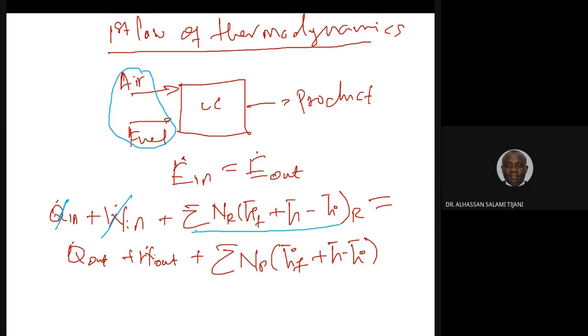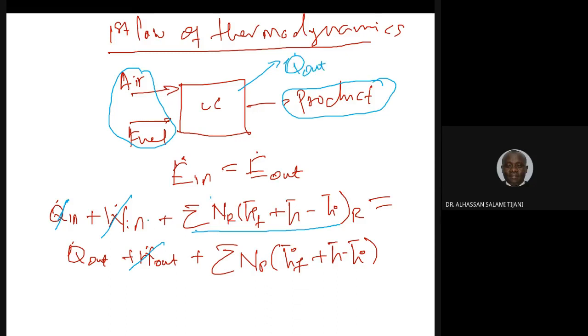However, if you look on the product side, there is no W out. In other words, there's no work output. So in any combustion chamber, when you burn fuel, there is no mechanical work. But we do have Q out. In addition to the products of combustion, there will be some heat energy given out.